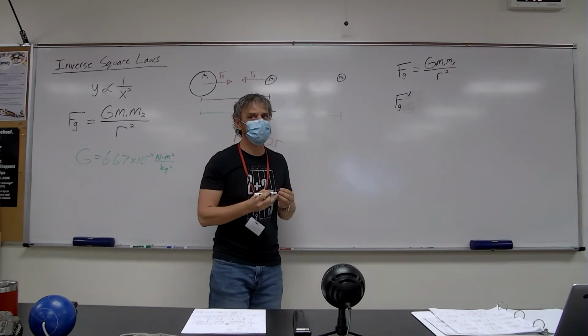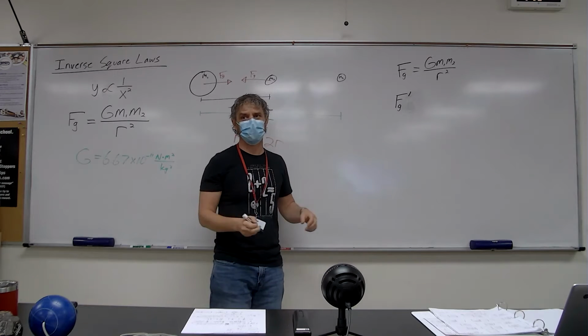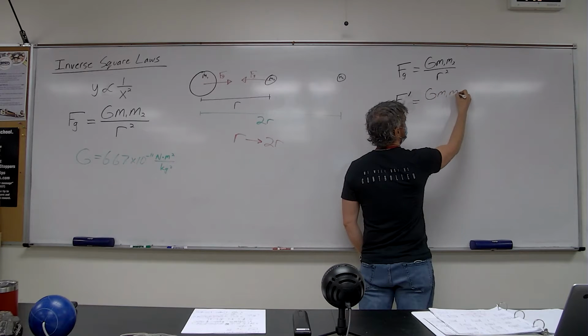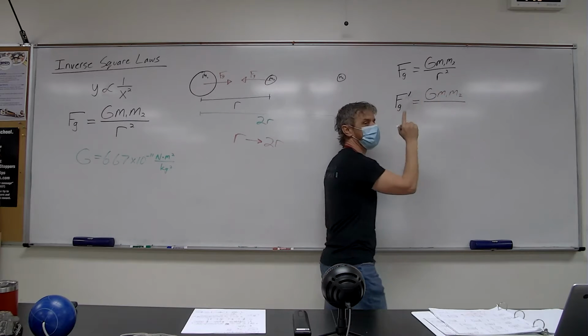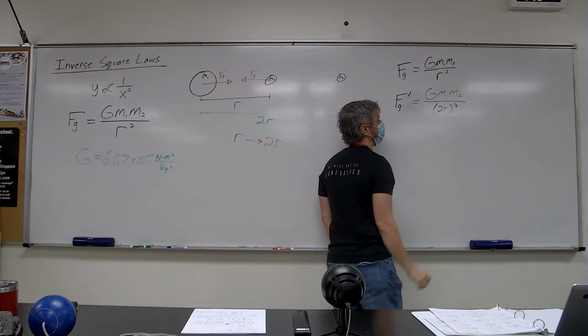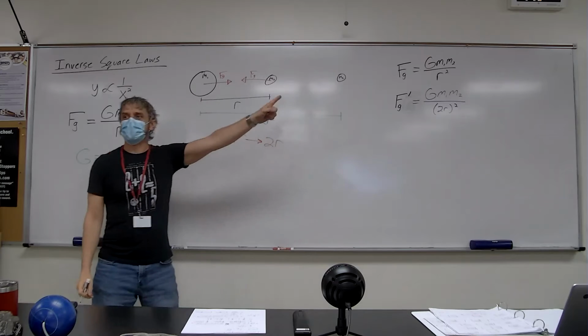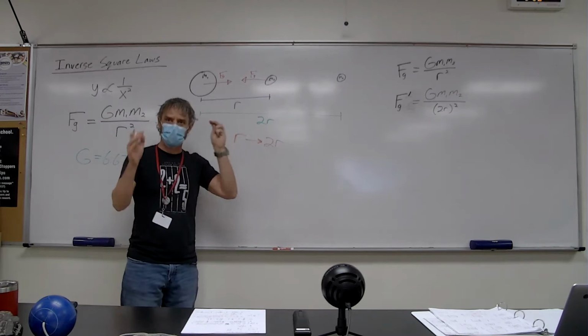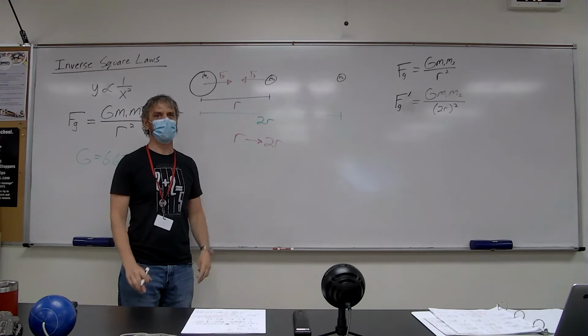Same equation, Newton's law of universal gravitation, but I got to make that adjustment. So it's going to be big G times m1 times m2 over not r squared, but 2r squared. And because r itself gets squared, when I double r to get 2r, that whole quantity must be squared.